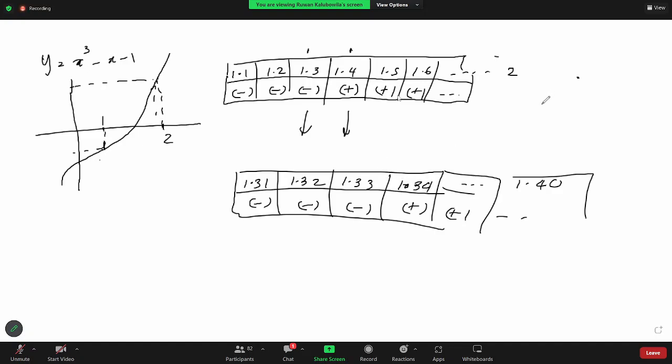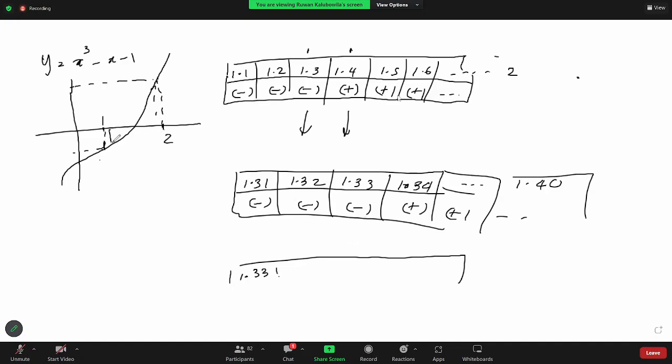If you need more precision, that means minimizing the error, then you do the next iteration, starting from 1.331, like that. You can write the program to iterate this way.